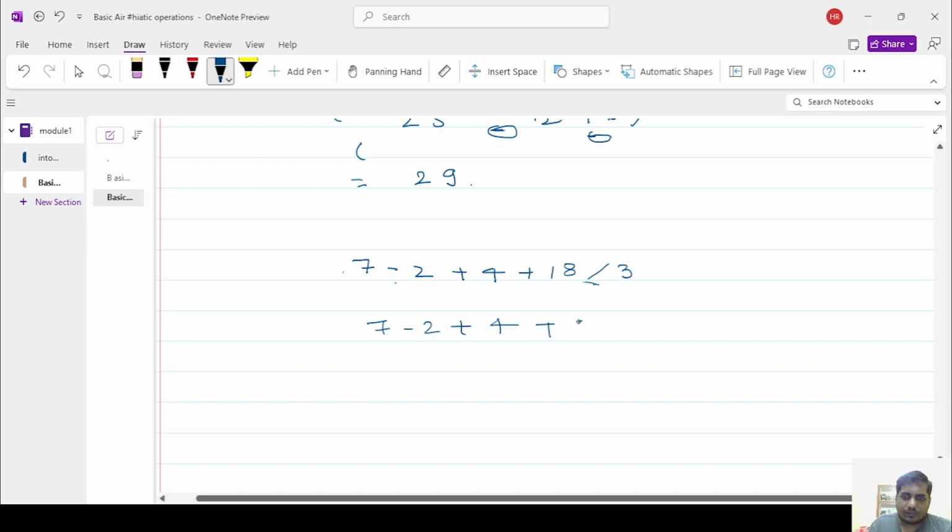6. Now we'll see from the left side. Here minus and plus have the same priority, but we come from the left side. 7 minus 2 is 5, 5 plus 4 is 9, 9 plus 6 is 15.